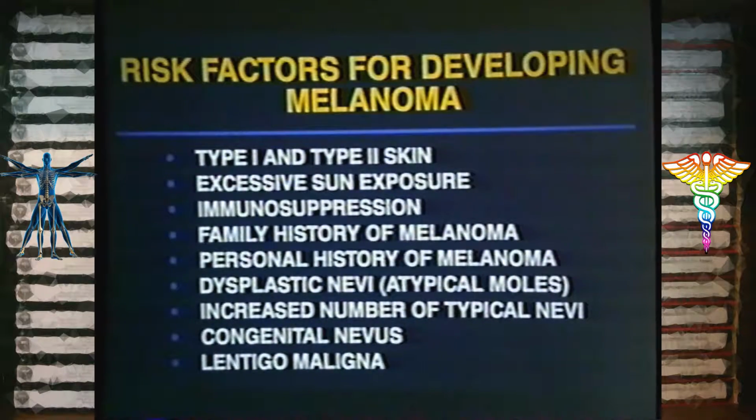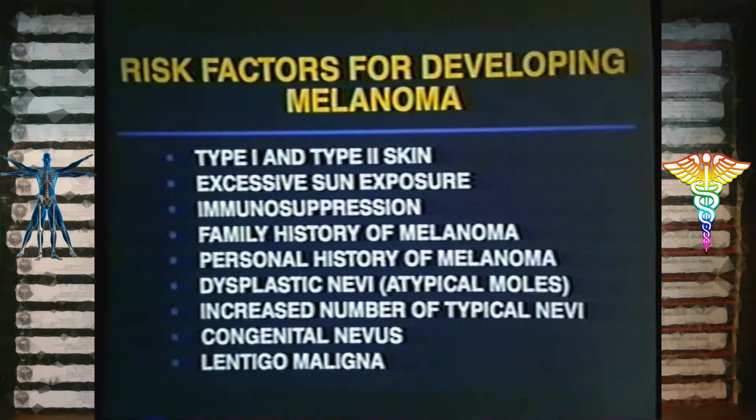So, excessive sun exposure, immunosuppression I already mentioned for the non-melanoma skin cancers. It's also true for melanomas. If somebody has a family history of melanoma, they're at risk of developing melanoma. Certainly if they've had one melanoma, they're at risk for developing additional melanomas.